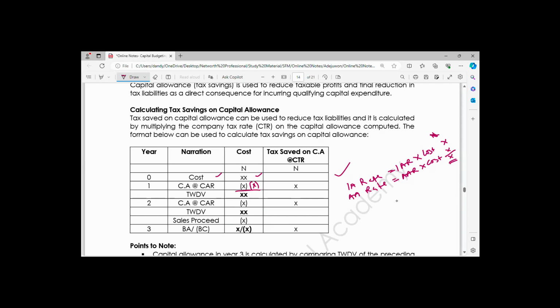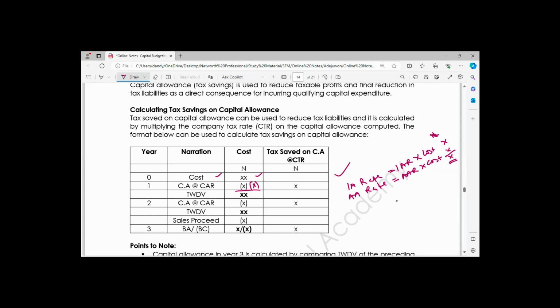But like I said, in most cases, you are not going to have the initial allowance. Okay? So in this format, we're assuming that tax will be paid, capital allowance will be claimed using depreciation method.